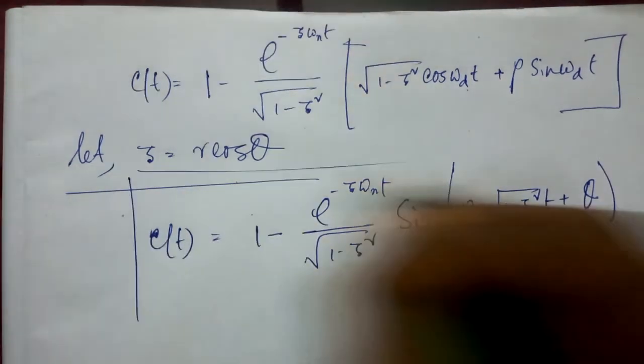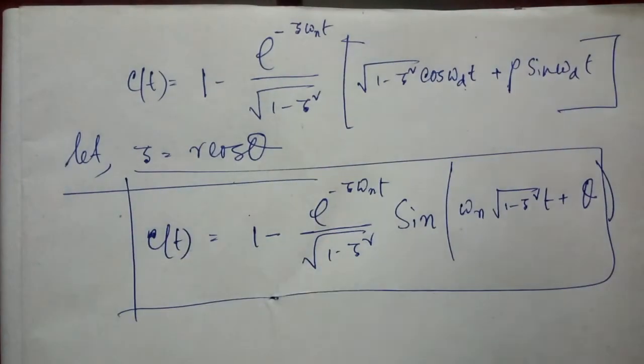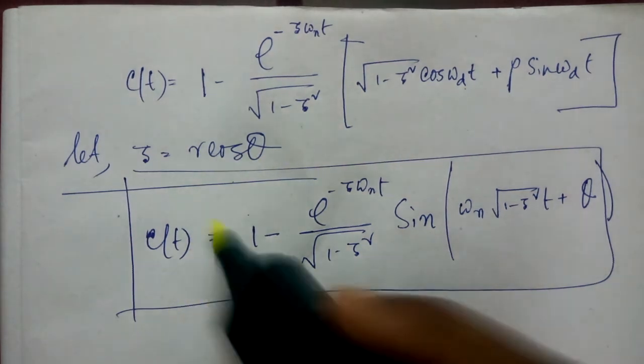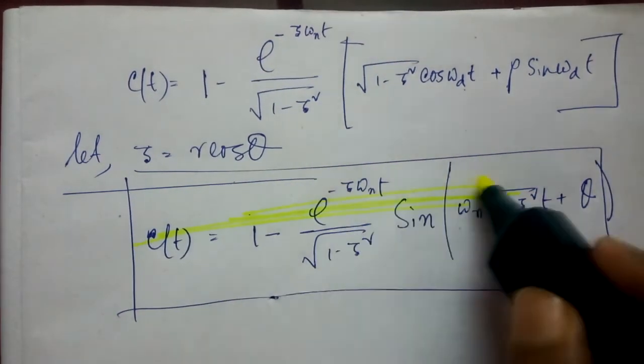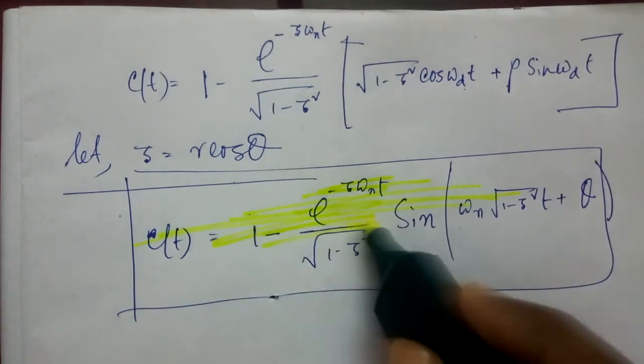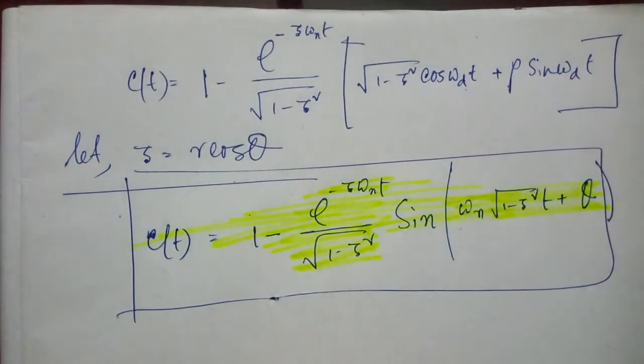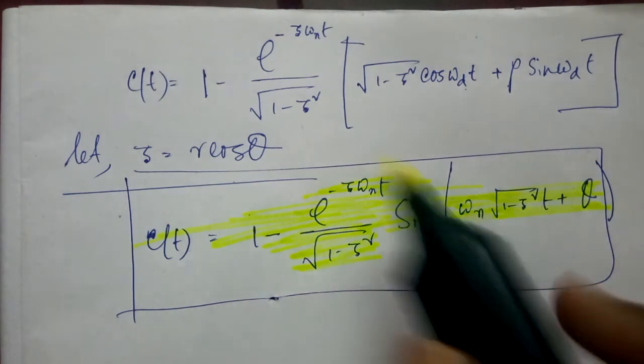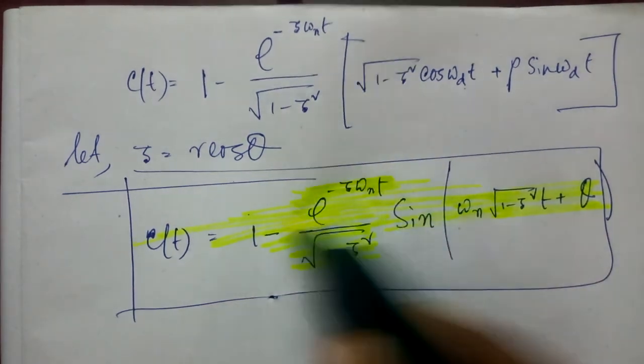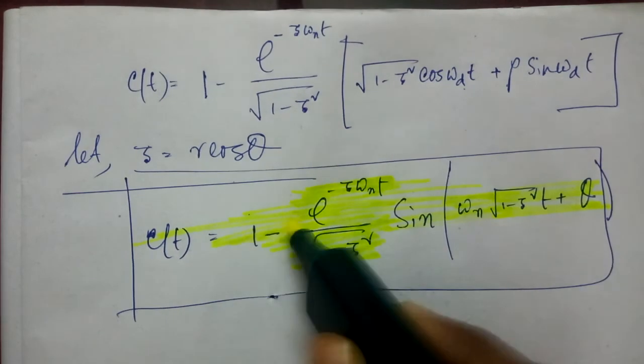So this is the final formula for the step response of a second order system. You always have to remember this, and from this direct questions will be asked.